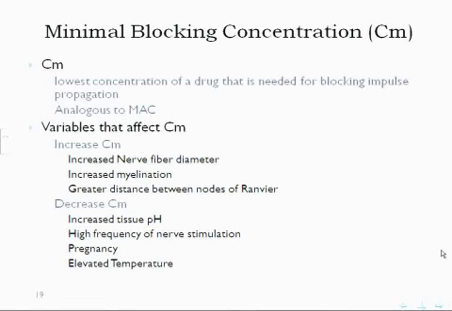Over time it's becoming more prescriptive. In other words, we're basically saying this is how much volume you should expect to need to block these nerves. If you look at the literature from 15 or 20 years ago, the amount of local anesthetic we would inject was really high. Nowadays, we're down to 20 cc's, 10 cc's, and we get the same effect.